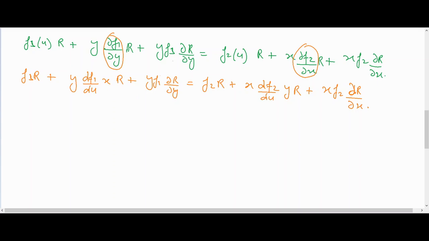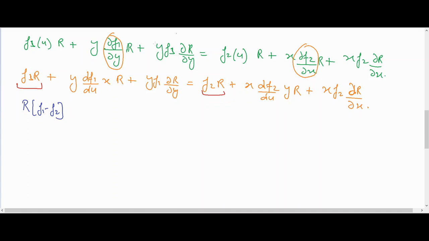Now one thing we can do is we can take these like terms together, like this and this, right? So we will get r times f1 minus f2, right?